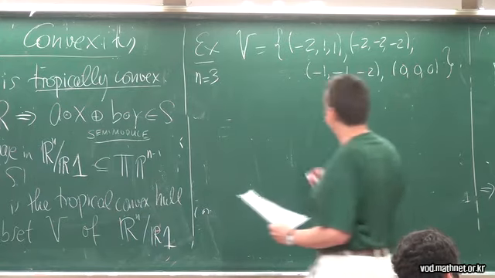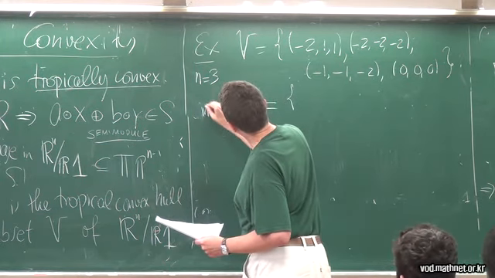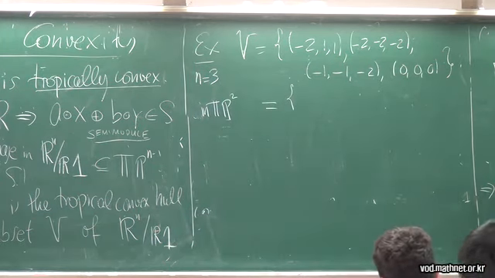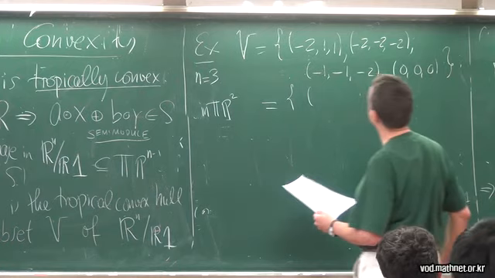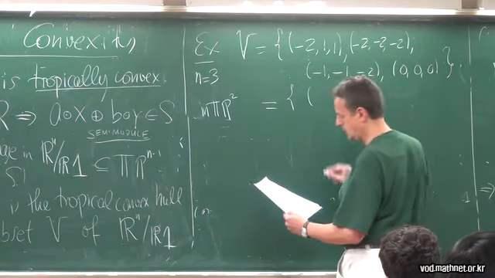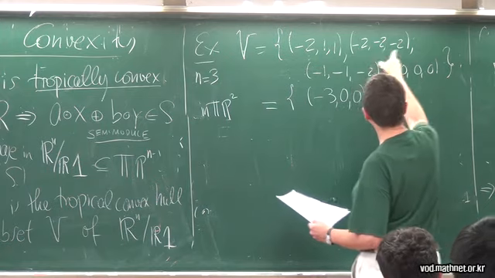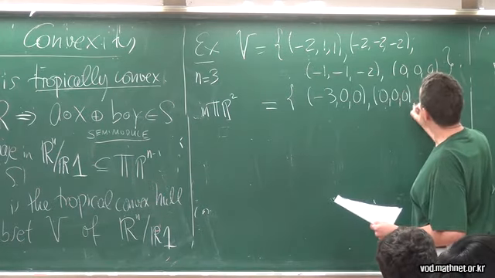Now, well, that set, of course, we're going to do this in the projective plane, right? So we're going to normalize to make the last coordinate 0. So we multiply the first one tropically by -1. So this gives us 3, 0, 0. We multiply this by 2. This gives 0, 0.